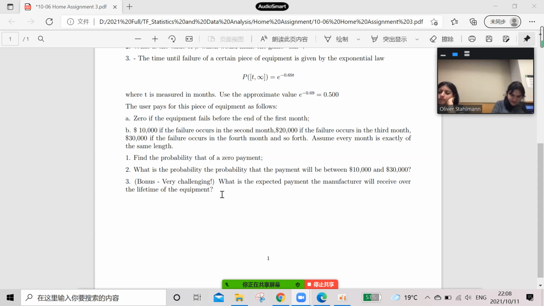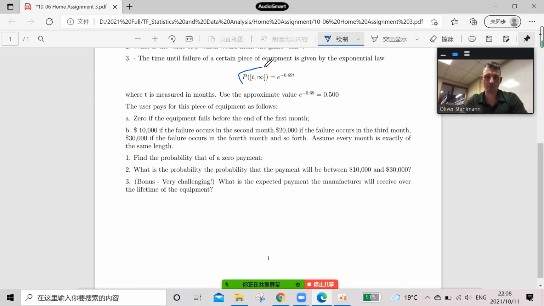We need an exponential formula, right? Yeah, you're gonna use that formula. This formula is very important. You have to understand thoroughly what it means. It's using the exponential distribution and its application, right?